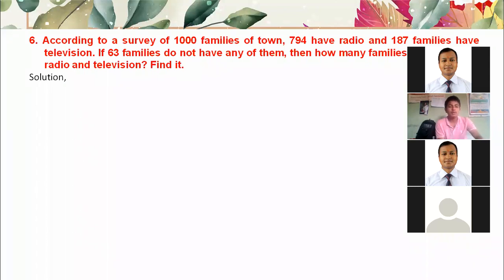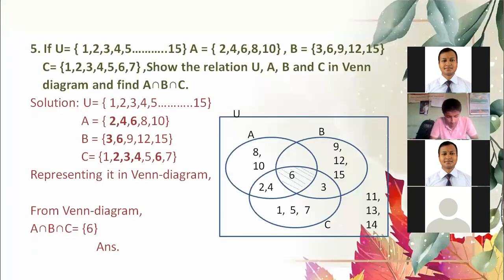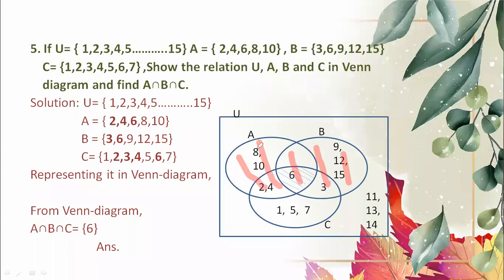Sir, in case of A union B, where do we have to draw shadow? A union B means all elements of A as well as B. This represents A union B: A, B and the common part.